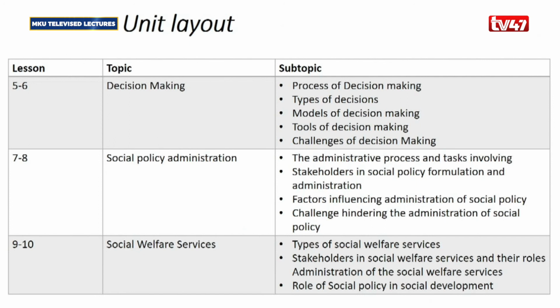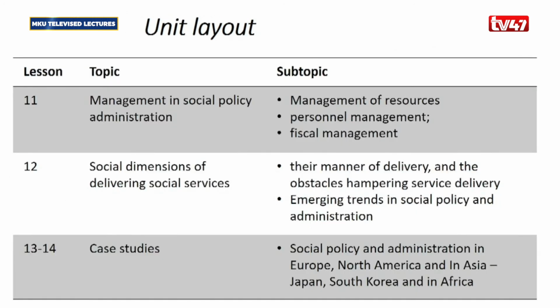Like we said, social policy in its nature seeks to advance the welfare of the individuals within a society. In section 9 and section 10, we'll give more emphasis to welfare and social services, so social welfare services provision, because this in itself is the element of the implementation of the social policy as designed.